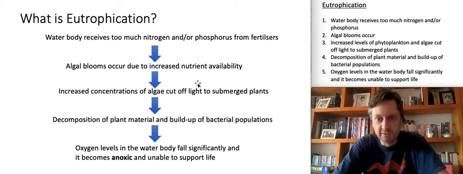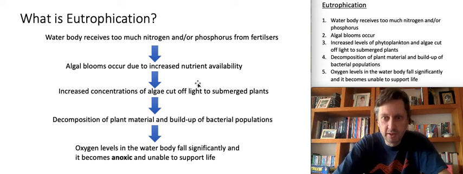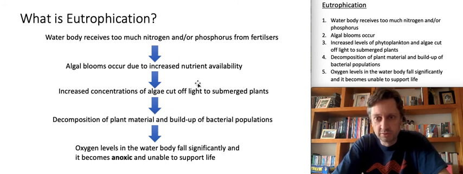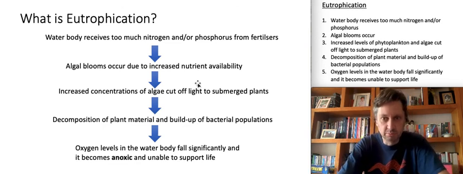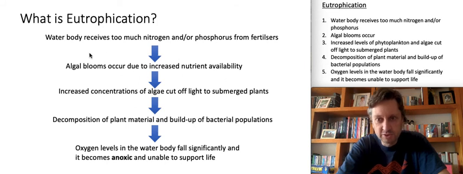Where I'm from in England, I lived near a few lakes, and in summer you'd see signs go up that said, "Don't allow your dog to swim in this lake." And the reason for that would be the toxic chemicals produced by the algal blooms. Okay, so that's the second stage. It might not be too bad in itself, but it leads to other steps.